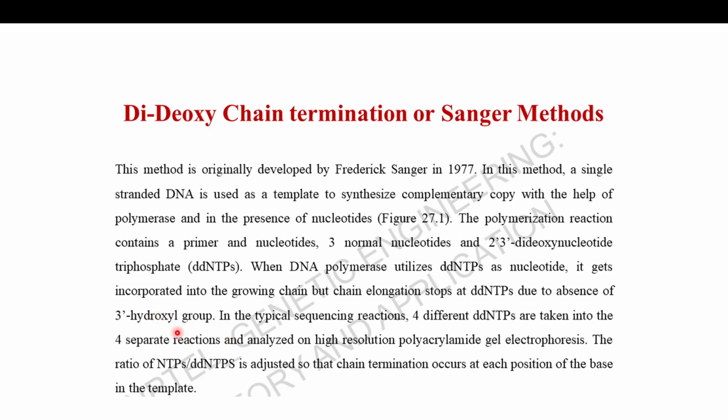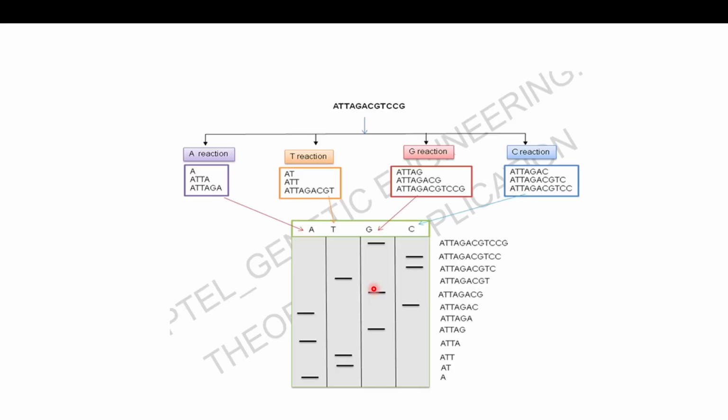That is where the chain terminates. Similarly, for other bases, once the ddNTP is incorporated, chain termination takes place, and based on the different lengths of the fragments, the complete sequence of the DNA can be deduced.